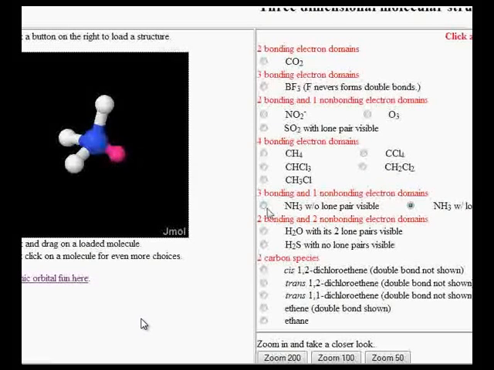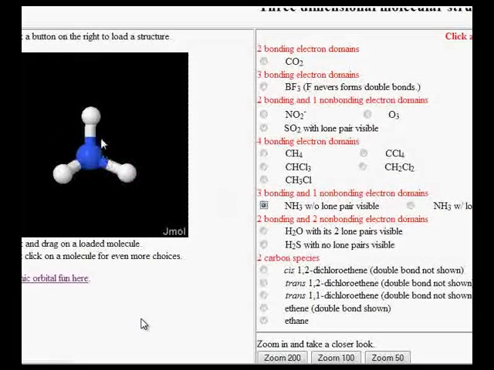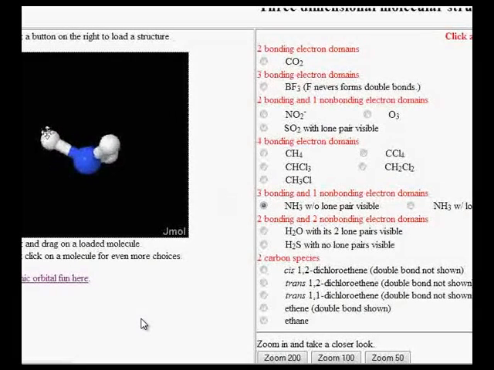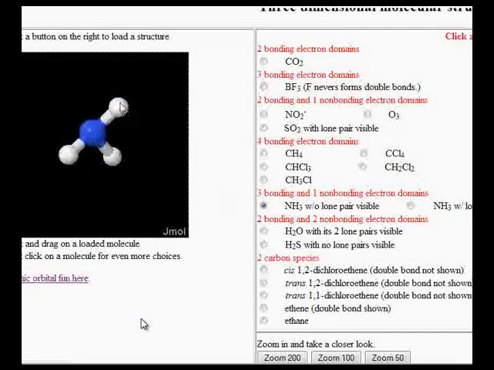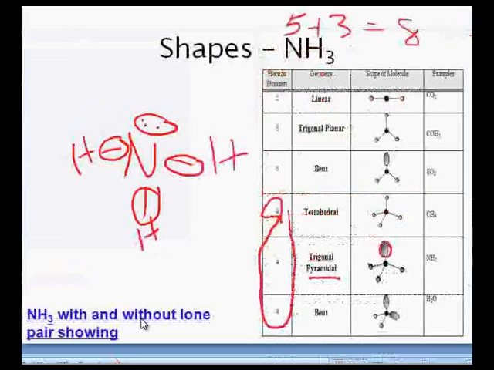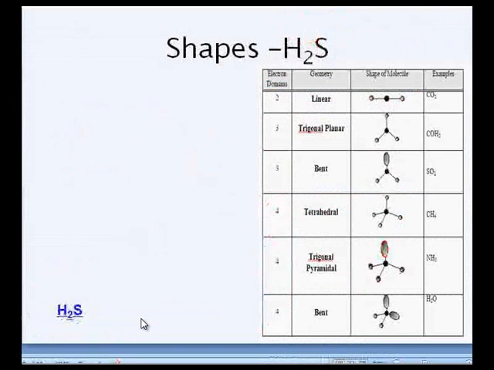But of course we don't see the lone pair, and this is actually what we see. We see what's called a trigonal pyramidal. It's almost like an upside down pyramid, okay? With a lone pair of electrons sitting up here. Okay, let's go back and take a look at what else we have here.